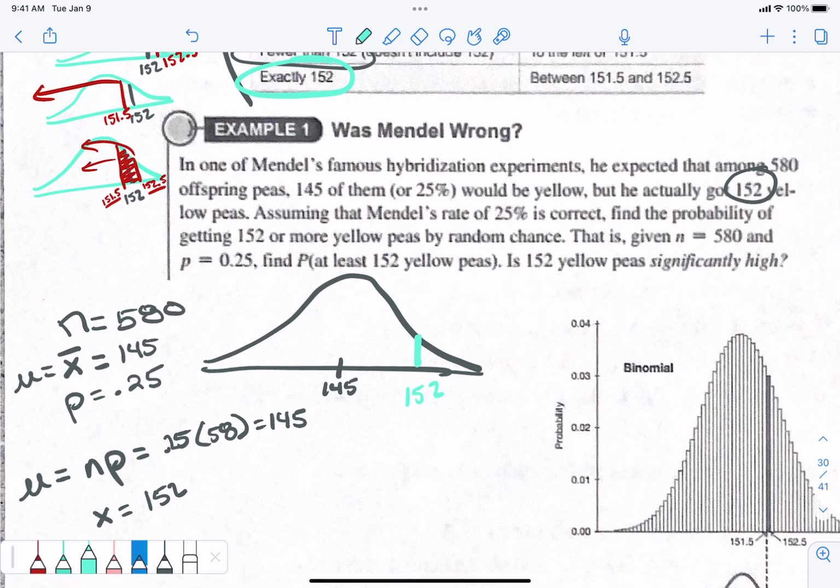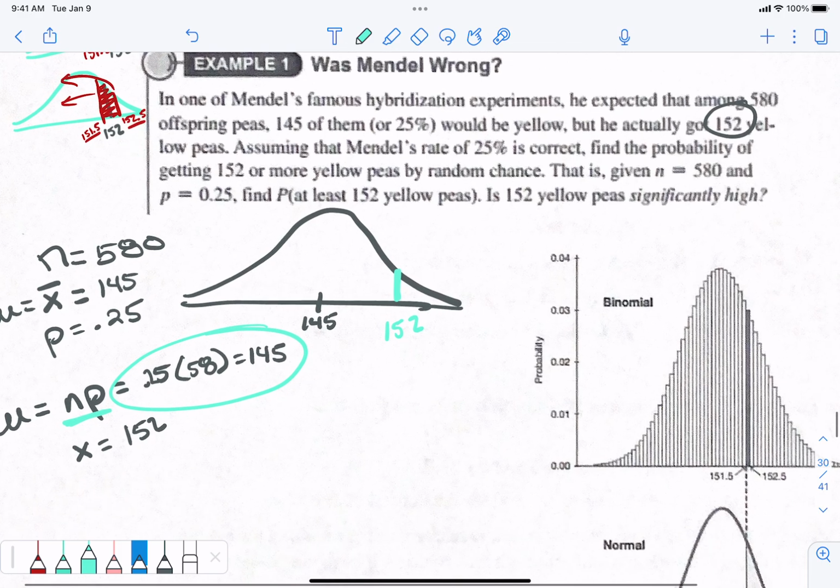Do we see how all this is working out? The average number that it should be is 145, but we actually got 152. So X bar, the average, versus what we actually got, okay? Given that N is 580, P is 0.25, we multiplied those together to get the 145, which is my mu or my average, right? 152 is what we're testing, okay?